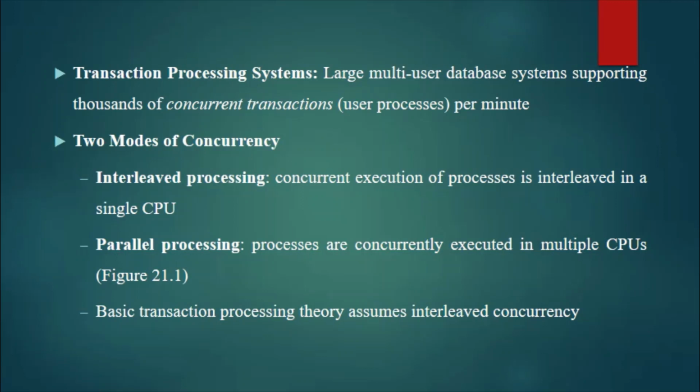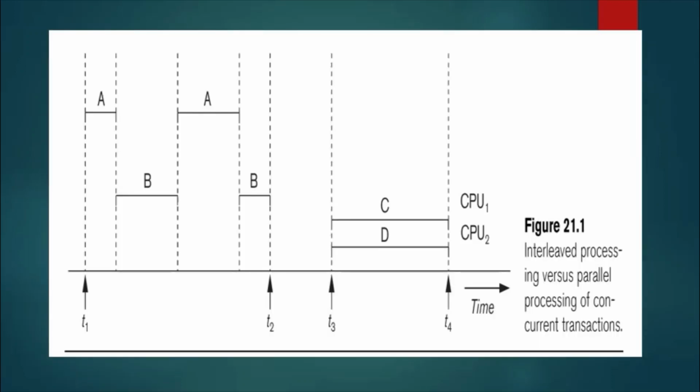But in parallel processing, there are multiple CPUs, and the processes concurrently execute multiple transactions. Basically, transaction processing theory assumes interleaved concurrency in transaction systems. This figure depicts interleaved processing as well as parallel processing of concurrent transactions.